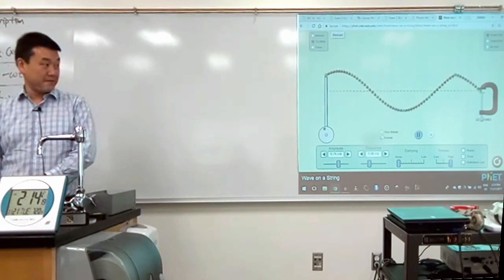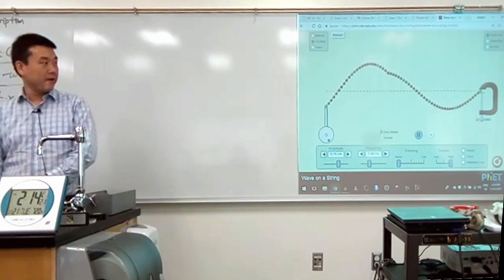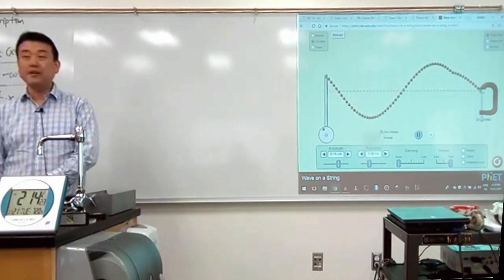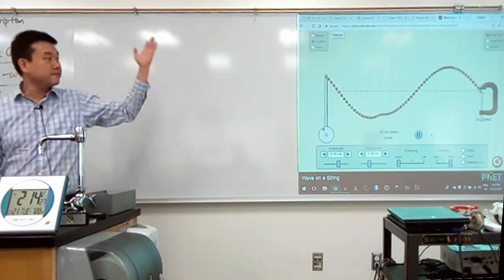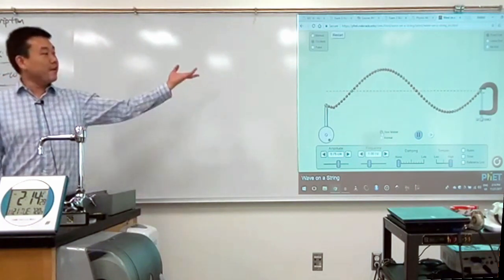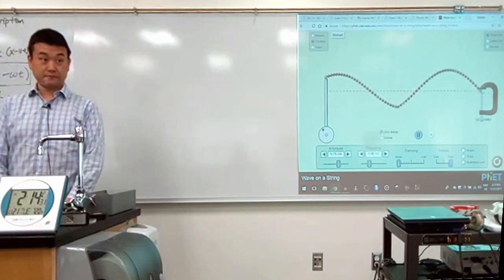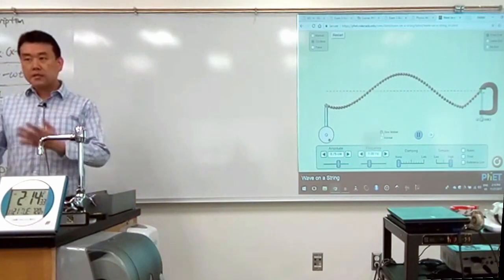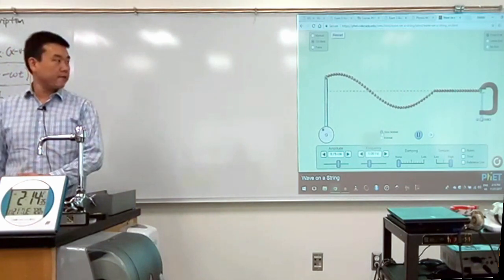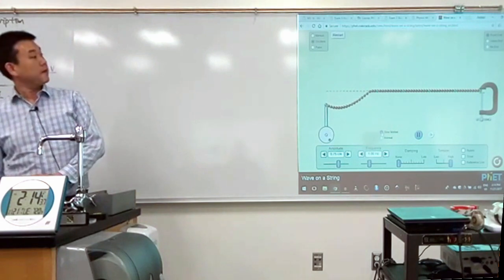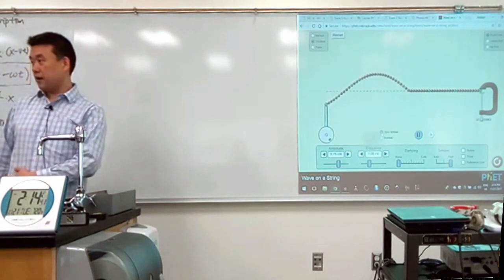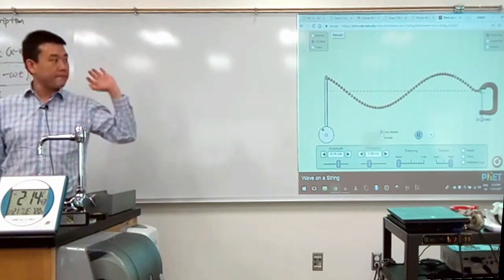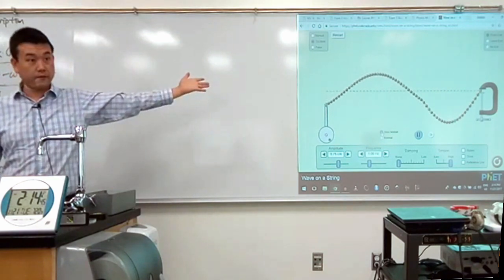It's clearly not traveling anywhere, but I wouldn't call this really standing either. It's a very chaotic kind of motion, neither traveling nor standing. To get something that we call a standing wave, you have to meet a very particular condition.